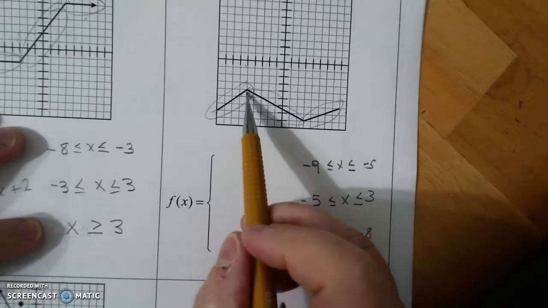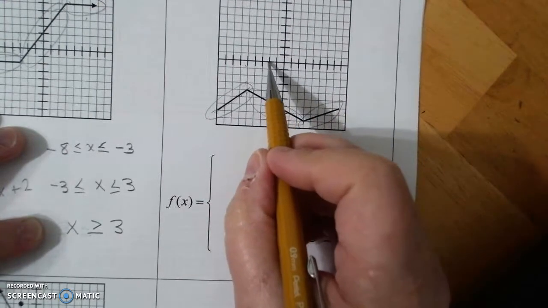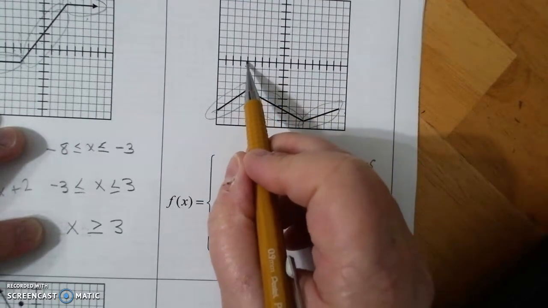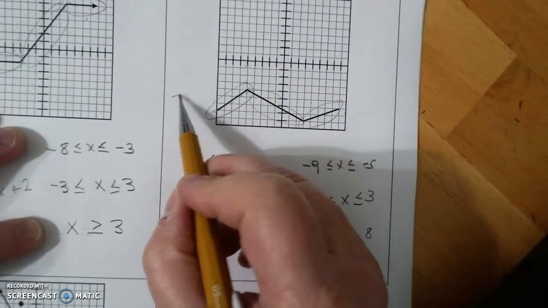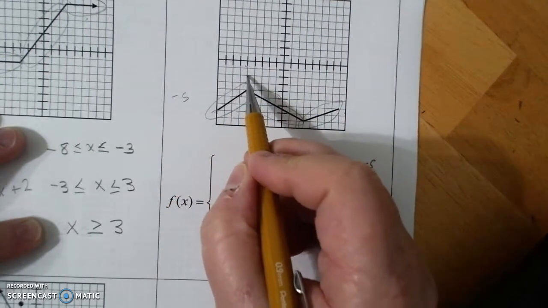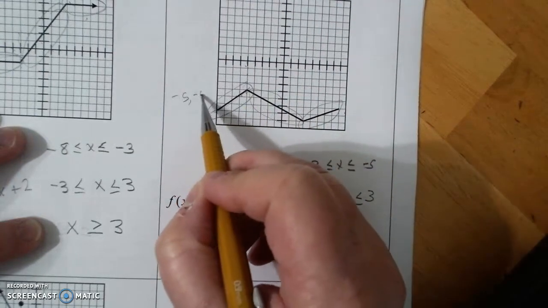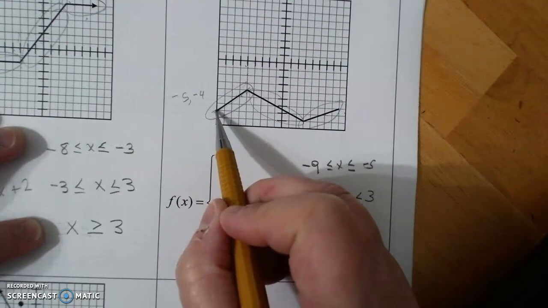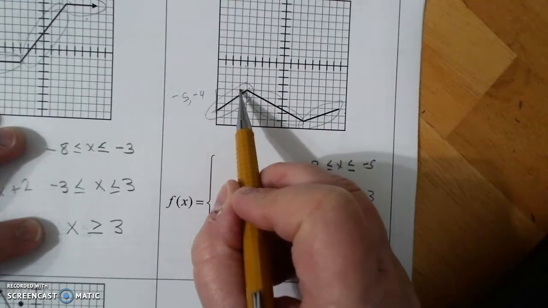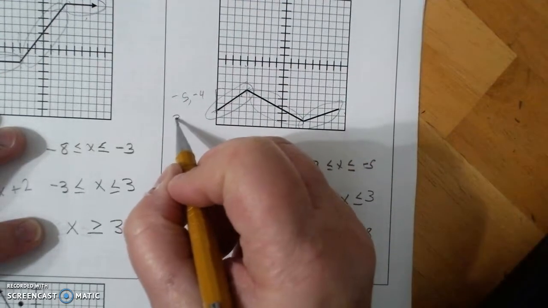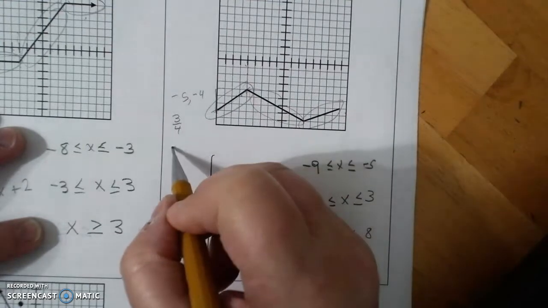Okay, I'm going to use this point right here, which is -5, -4, and I'm going to go 1, 2, 3, 1, 2, 3, 4. So my slope is 3/4. And I'm going to do point slope.